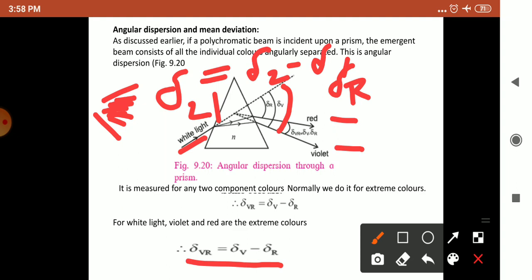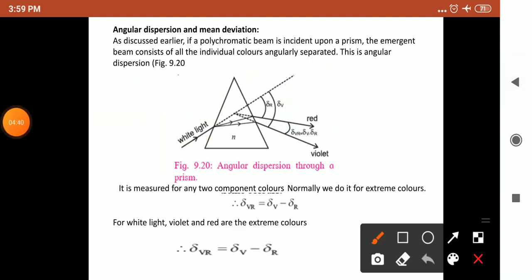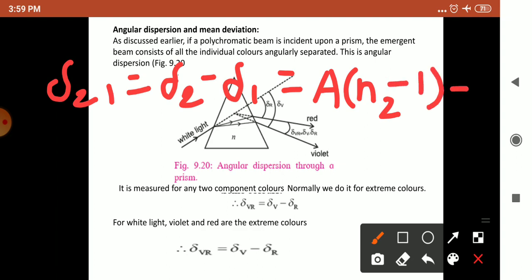Then by using the deviation for a thin prism, we can write delta 2 1 is equal to delta 2 minus delta 1, which is equal to A into n2 minus 1 minus A into n1 minus 1.